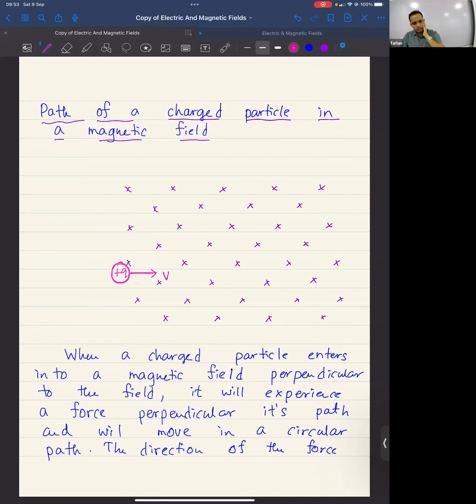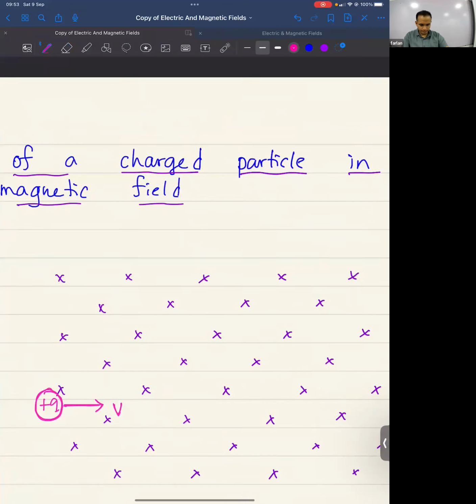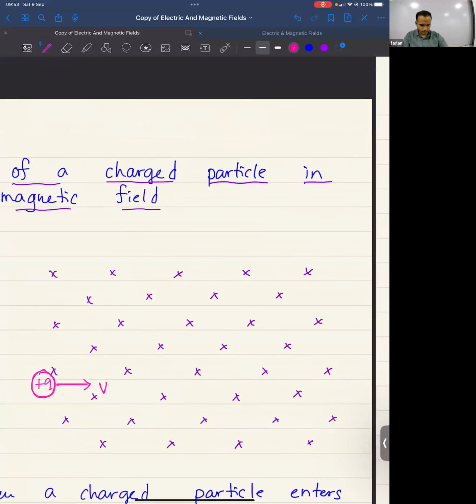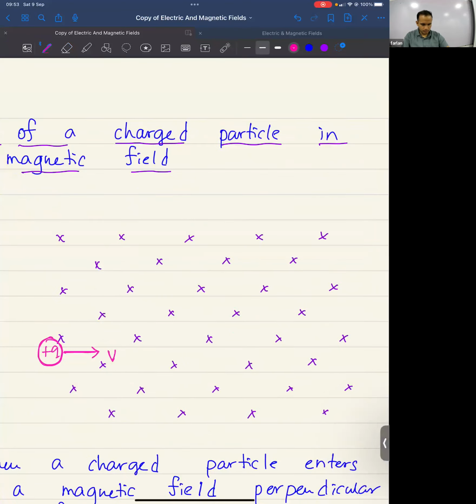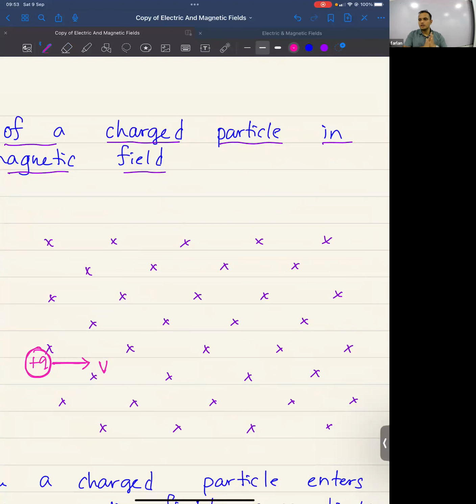Okay, look at the screen. Now let's say there is a magnetic field, listen to me carefully, which is into the plane of the paper. And there is a positively charged particle entering into this plane the way it is shown in the diagram, to the right.